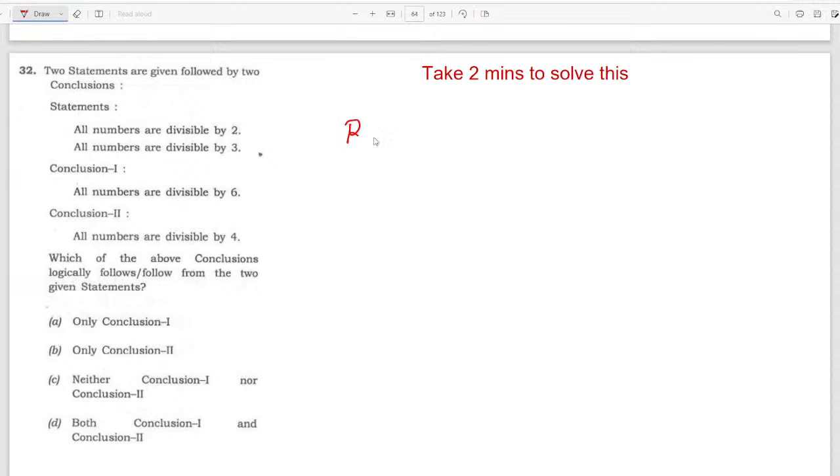The rule for divisibility of 6 says that it should be divisible by 2 and it should be divisible by 3.